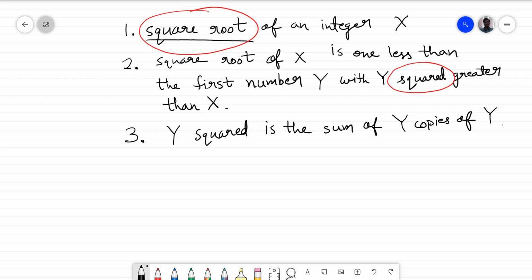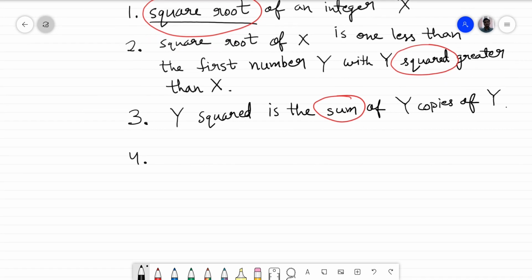Okay, you sum these many copies, that is y copies of y. So 4 copies of 4, if you sum, then you will get 16. So that is y squared. Now we introduced one more term here, that is called sum. Now let us define sum at an even more basic level.